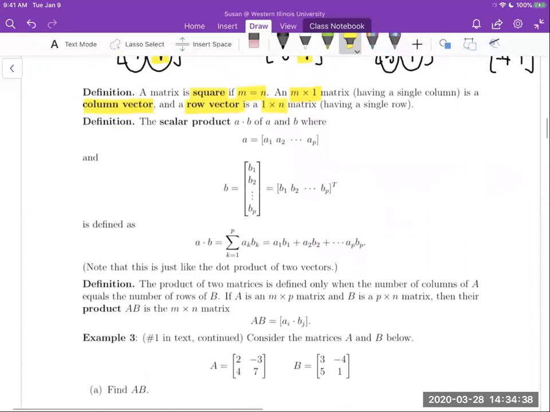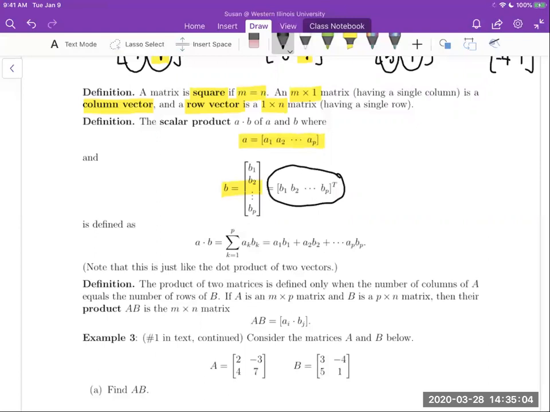We're going to utilize these column vectors and row vectors to define the scalar product. What we're going to do is take this row vector A and this column vector B, and you'll notice here that, just for white space purposes, a lot of textbooks will write it as its transpose, just because then you're not wasting as many lines in the text.